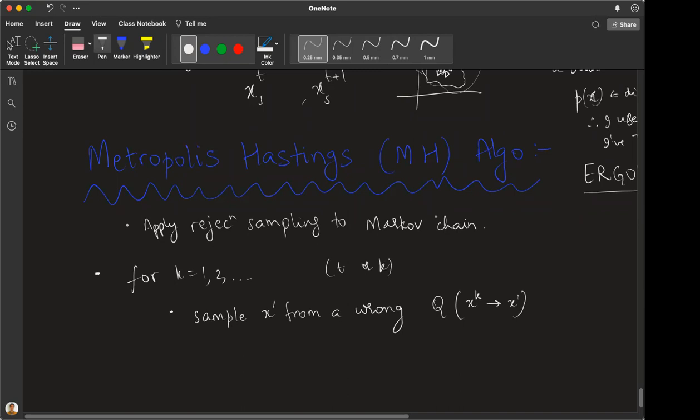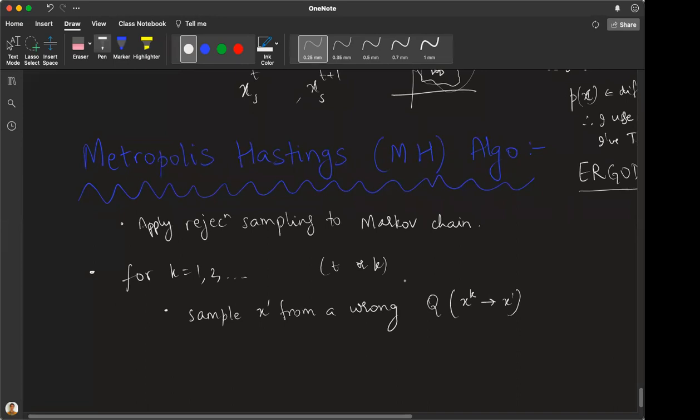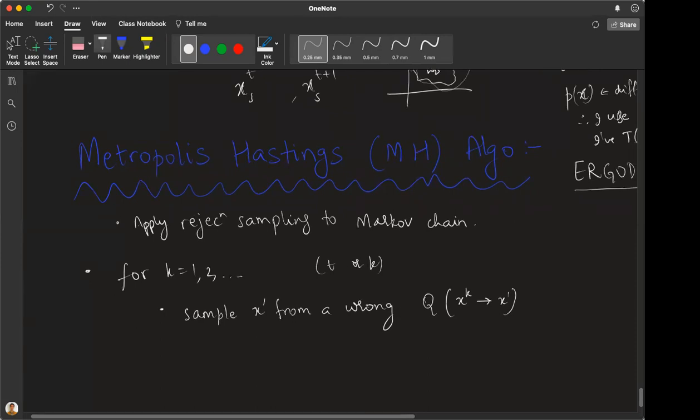You know, in rejection sampling, we have to sample from some P, but we are sampling from some Q. So here in this case, I'm sampling from this wrong transition distribution.